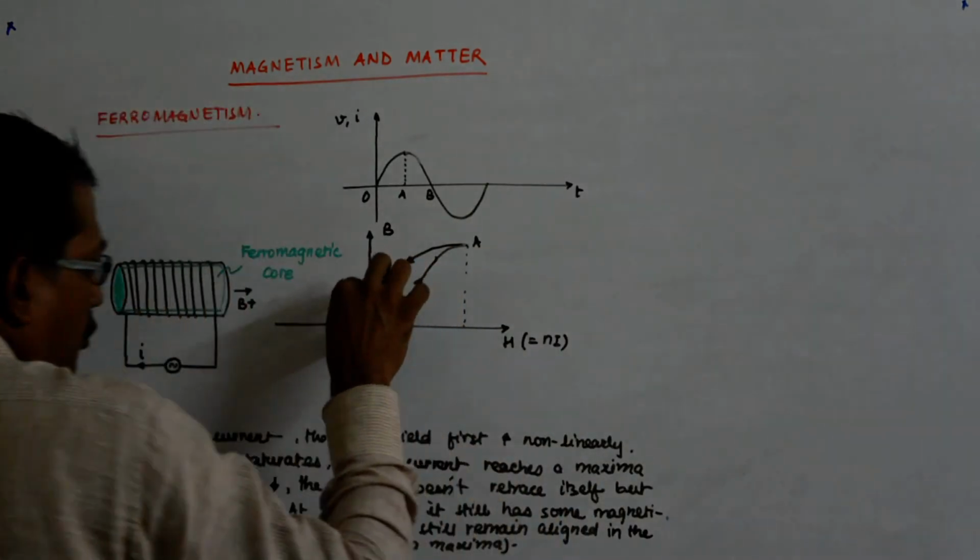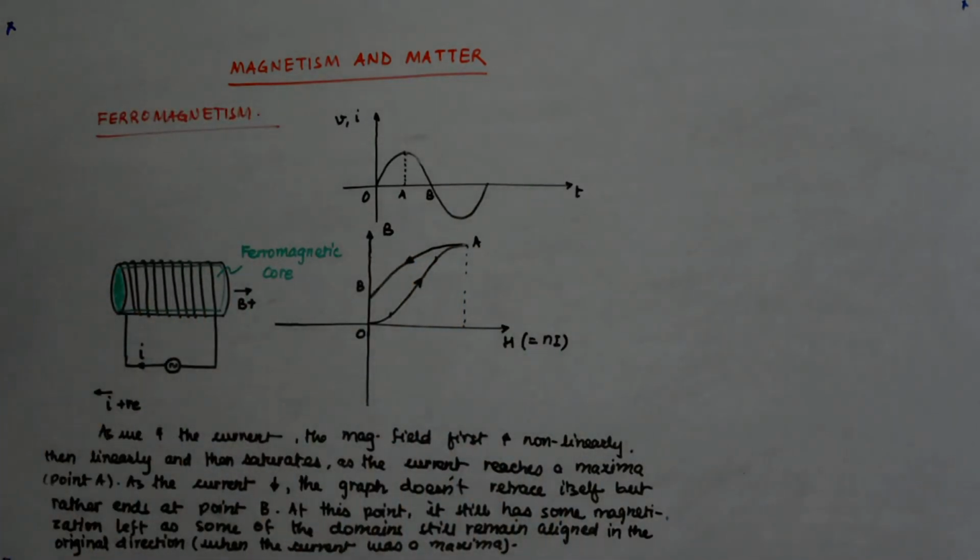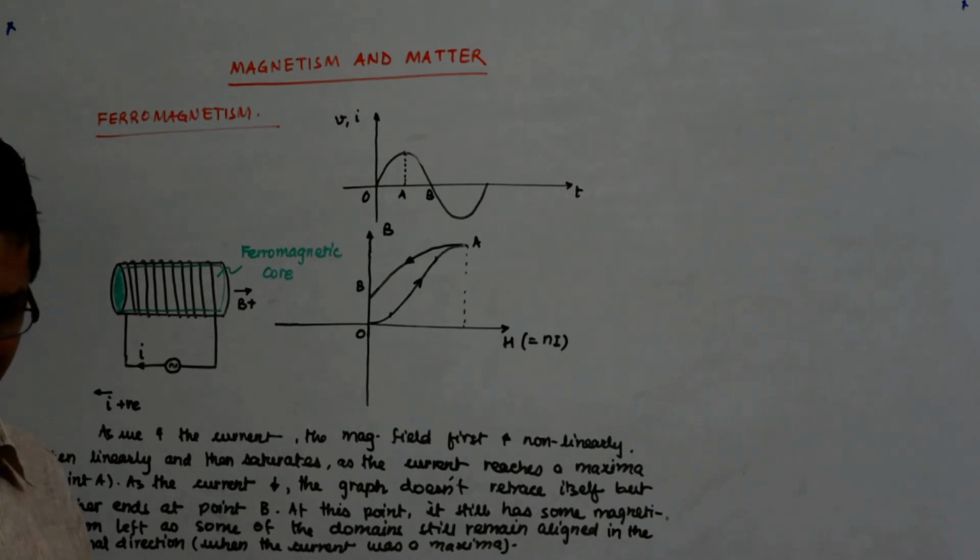Now this amount of field is called the remanence.